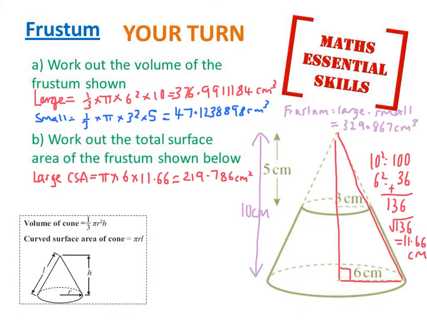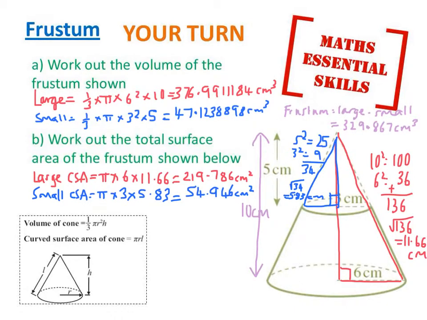So Pythagoras on the cone lets me work out that the diagonal length of the large cone is 11.66. That's using the height of 10 and the radius of 6 on that right angle triangle. When I substitute this into the curved surface area formula, I get an answer of 219.786. I'll have to do the same now on the small cone.